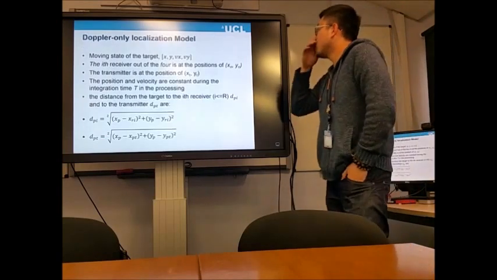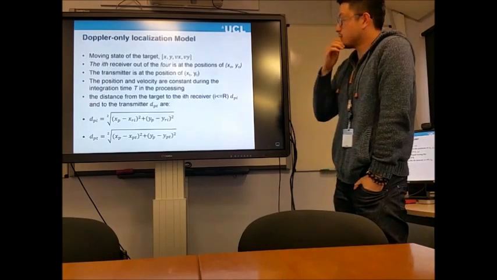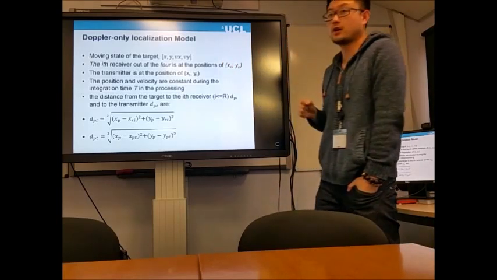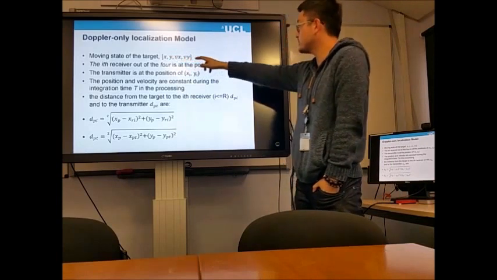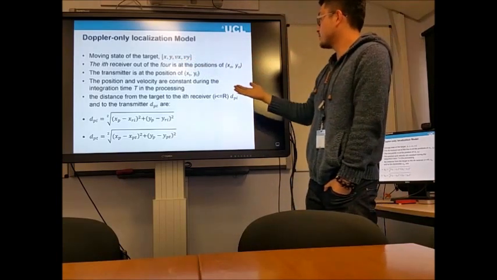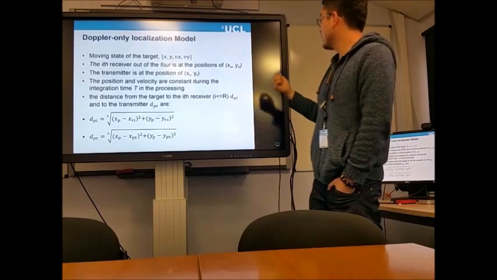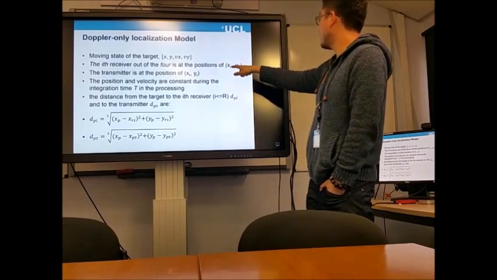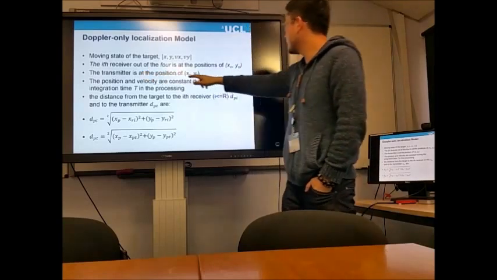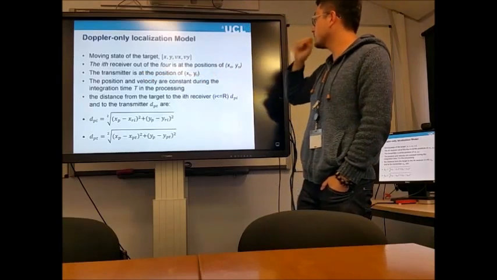Here is the Doppler-only localization model. First, we should identify the moving state of the target, which has 4 variables: x, y, vx, and vy. For the ith receiver out of the 4, the position is xri and yri, and the transmitter location is xt and yt.